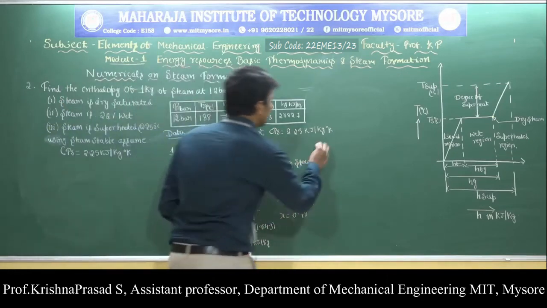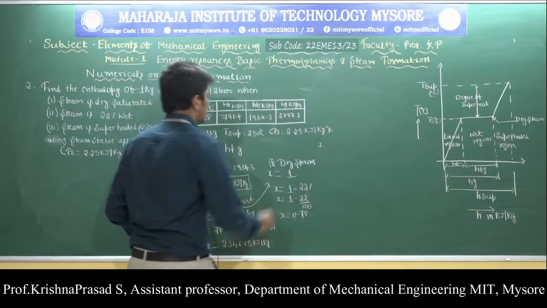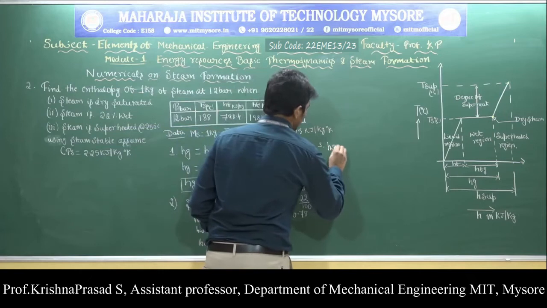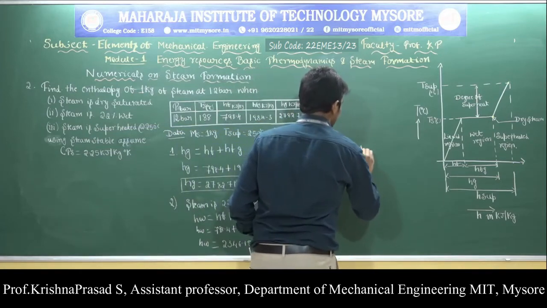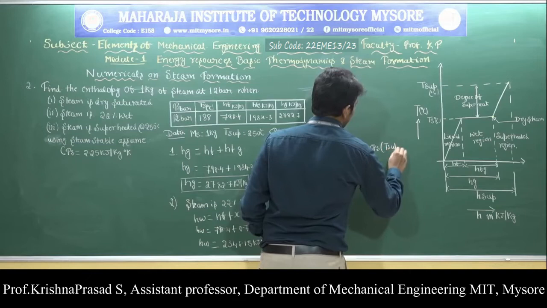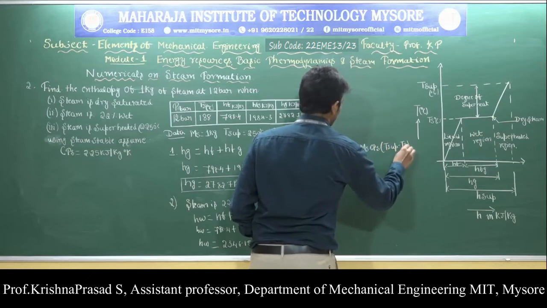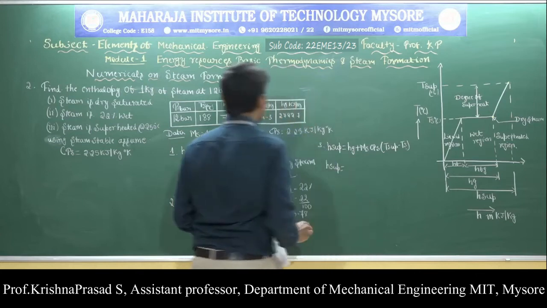Next, the third one is superheated steam. That means hsup is equal to the formula hg plus ms, the mass of steam, times cps into tsup minus ts. Here hsup is equal to: what is the value of hg?